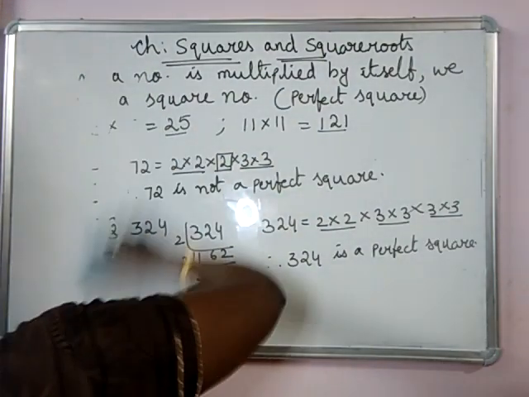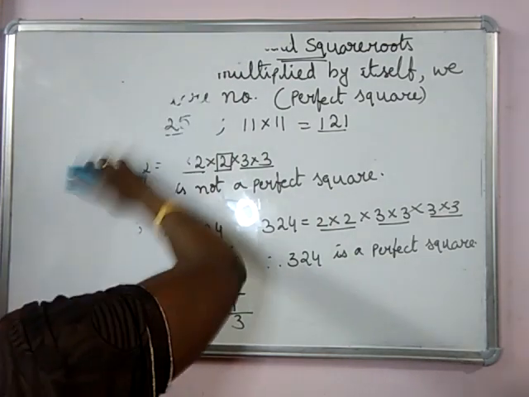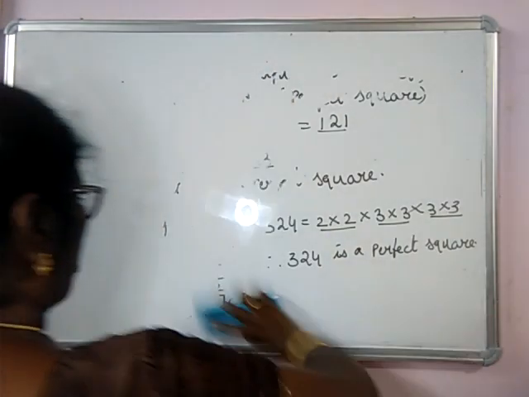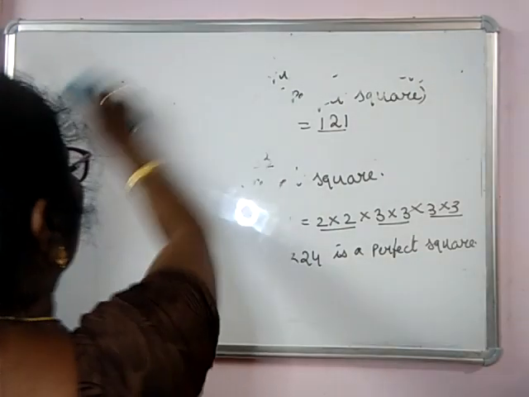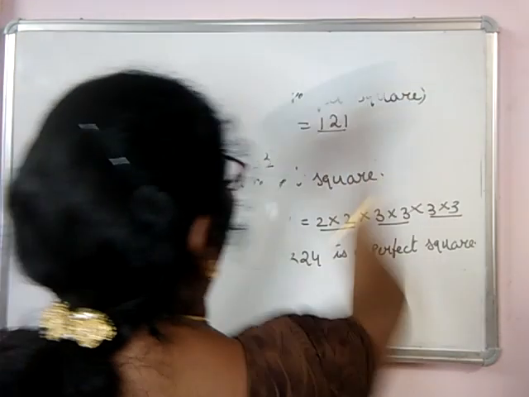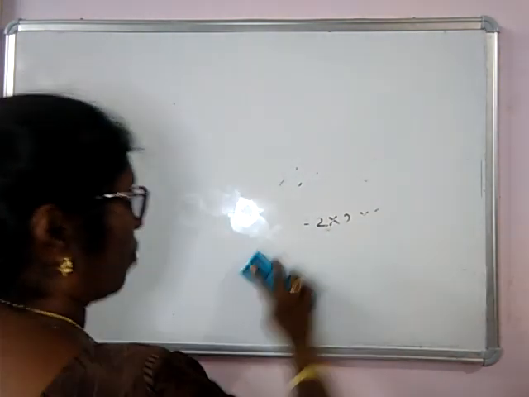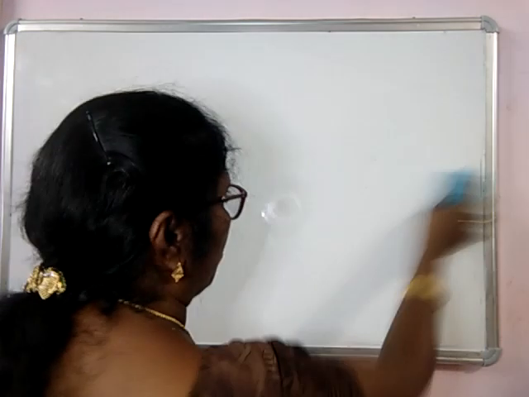Now, let us have the squares of 1 to 10 natural numbers. And students, it is very important for you to remember the squares of at least the first 20 natural numbers.